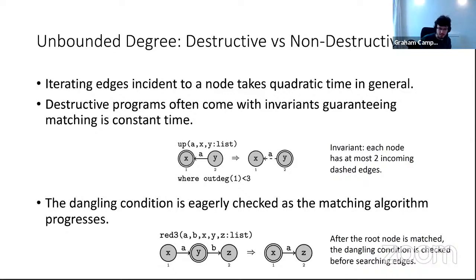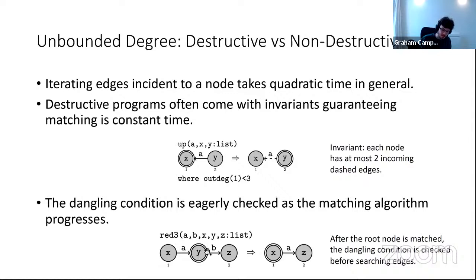And this red 3 rule from Detlef's cycle graph example. So this is constant time really because of the way the matching algorithm eagerly checks the dangling condition, right? So it wasn't an accident that we put the root node in the center and not at either edge. The reason for this was that if you have lots of edges incident to this center node that would have made matching potentially slow, you can immediately stop the process because you know that the dangling condition is going to fail, right?